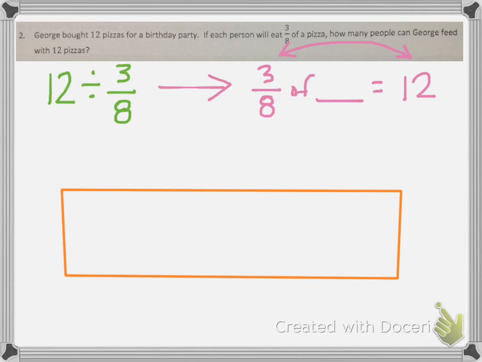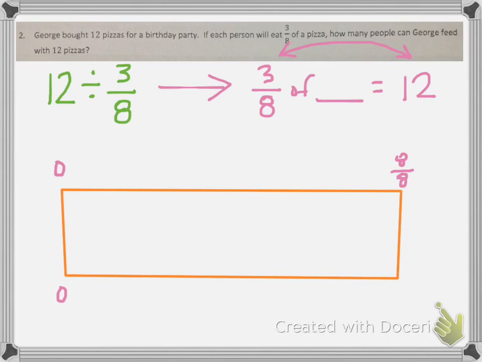I know that at this point this is 0/8, which is also 0 in my number of people that I can feed. And I'm going to go all the way up to 8/8, which will be a whole pizza.